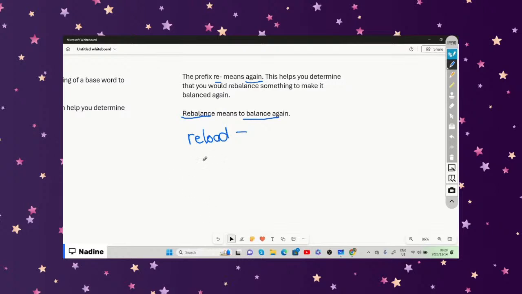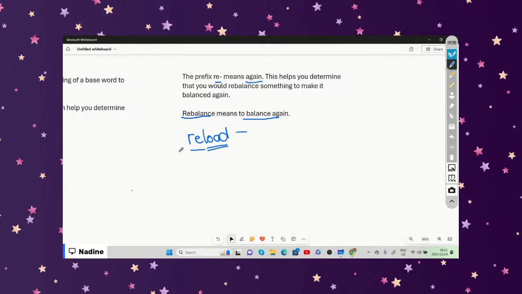Then we have also reload. Load is the base word, the word that can stand on its own. And then we also have re. We say that a prefix is added in front of the base word in order to sometimes change the meaning of that word.